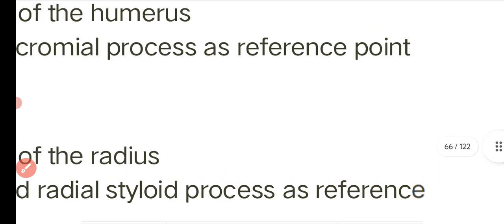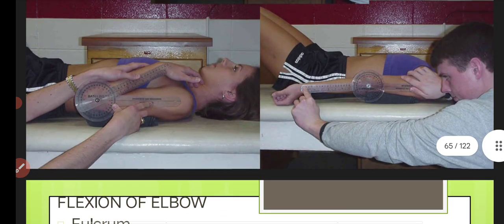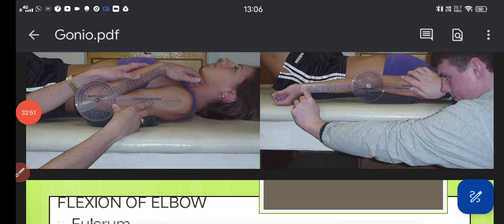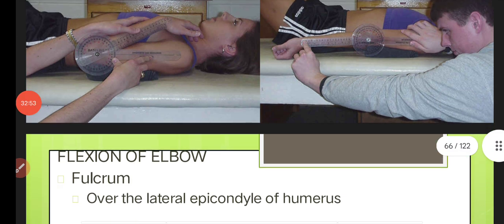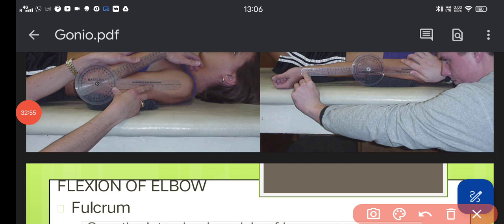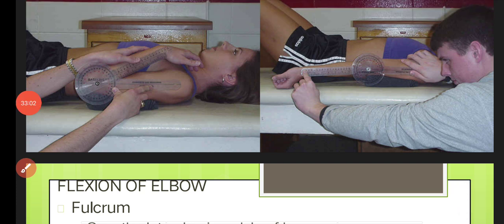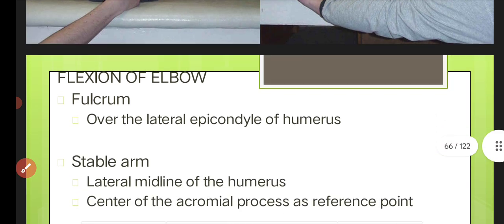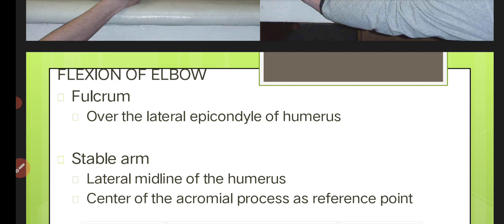Here the fulcrum is over this point, the lateral epicondyle. The stable arm is the lateral midline of the humerus.